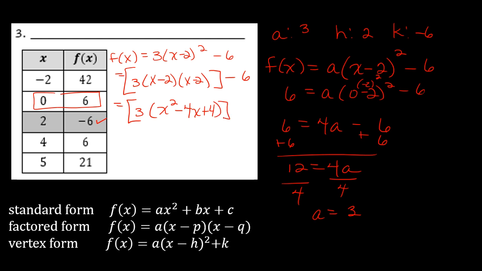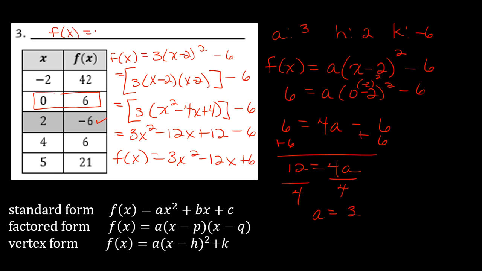And I'm using grouping symbols to remind myself that I am only multiplying this 3 to this trinomial, and I'm going to be subtracting 6 at the very end. So now I'm distributing the 3 and bringing down the -6. I'm going to combine like terms, and that is my final answer in standard form.